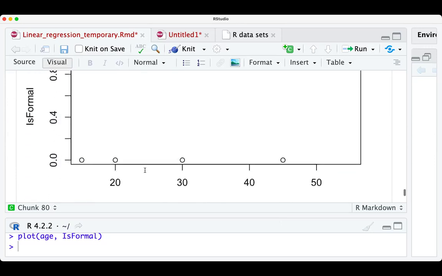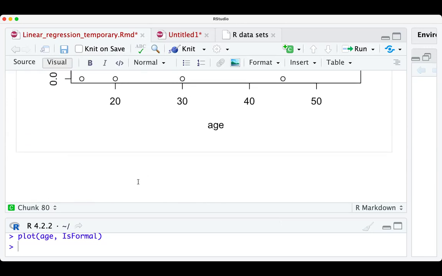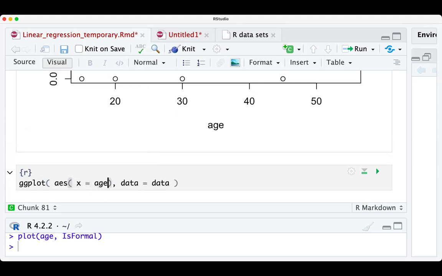So let's do a linear regression, for instance, and let's see what problems may arise from a linear regression. The linear regression, as usual, can be done with ggplot. On the x-axis we have the age, on the y-axis this variable is formal.